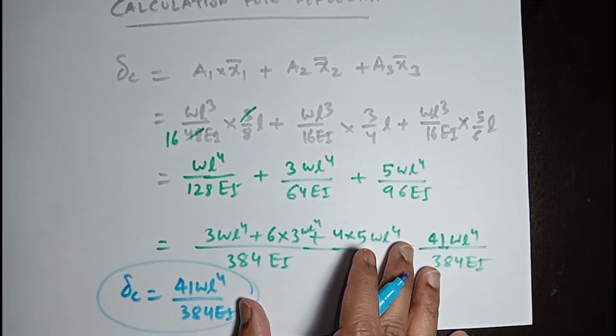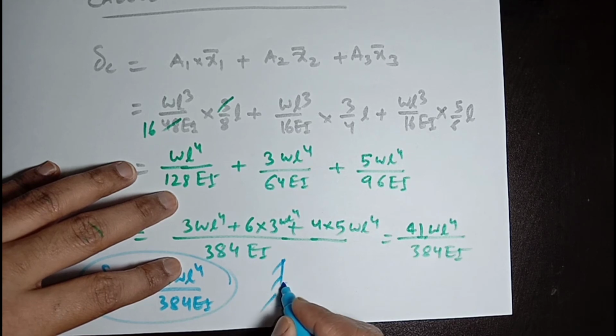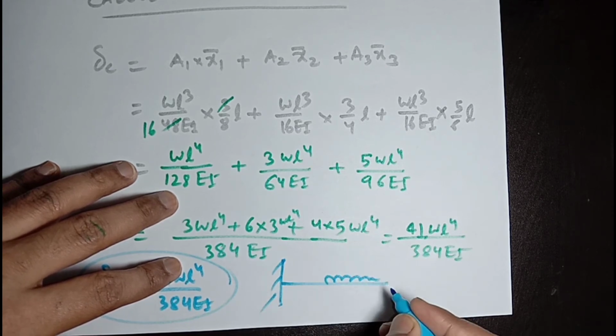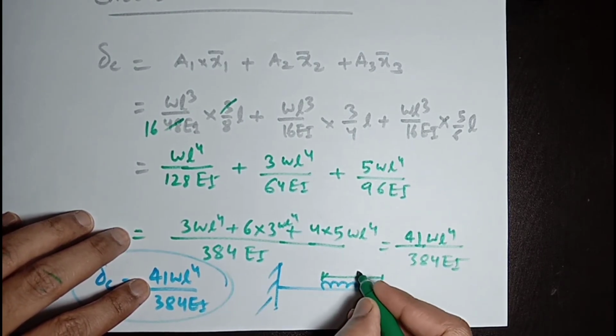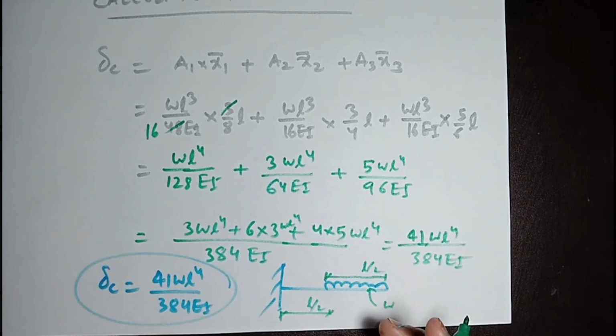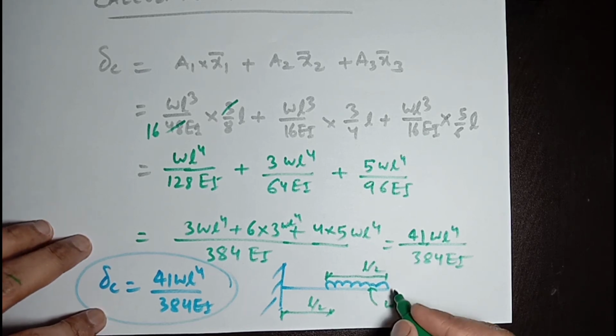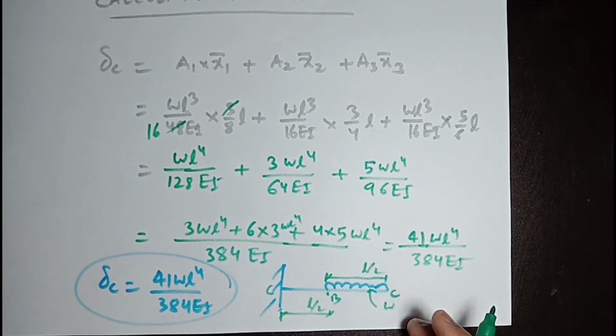This is the deflection calculated at the tip of a cantilever beam, where half of the region is acted on by a UDL of W and half of the region does not have any load. So I hope the entire procedure to find the deflection at point C, this point is B, this C, might be clear to you.